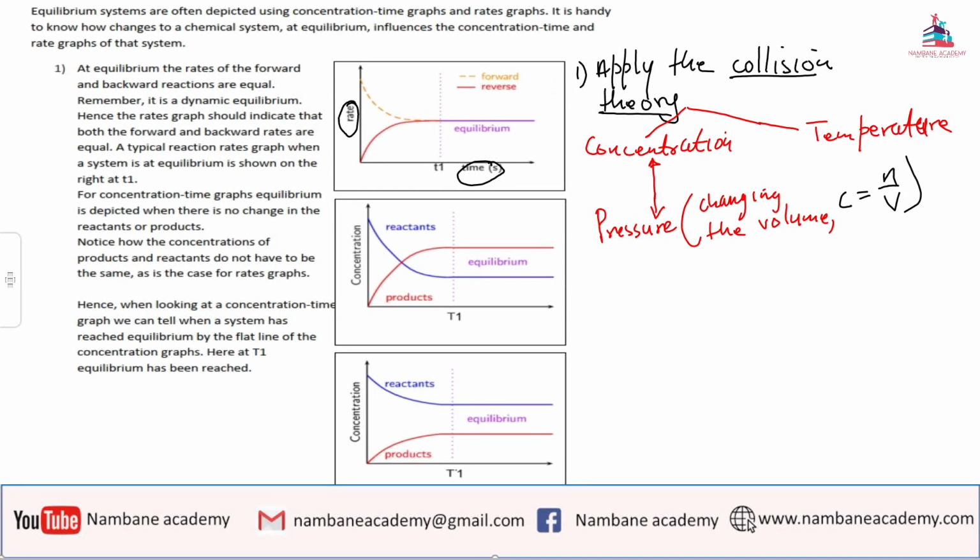We are only going to do that by changing the volume, either increasing the volume or decreasing the volume. So automatically that will feed into our concentration. Then if it fits into concentration, we can apply the collision theory. Number two, we'll need to apply the Chatelier's principle.